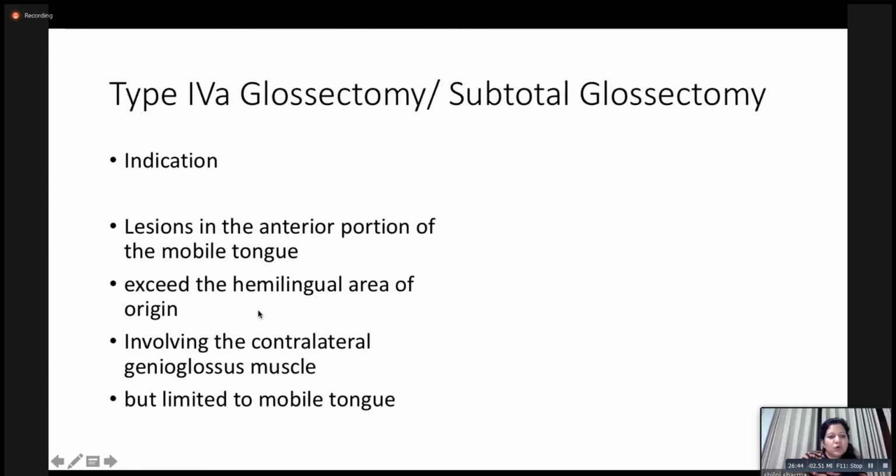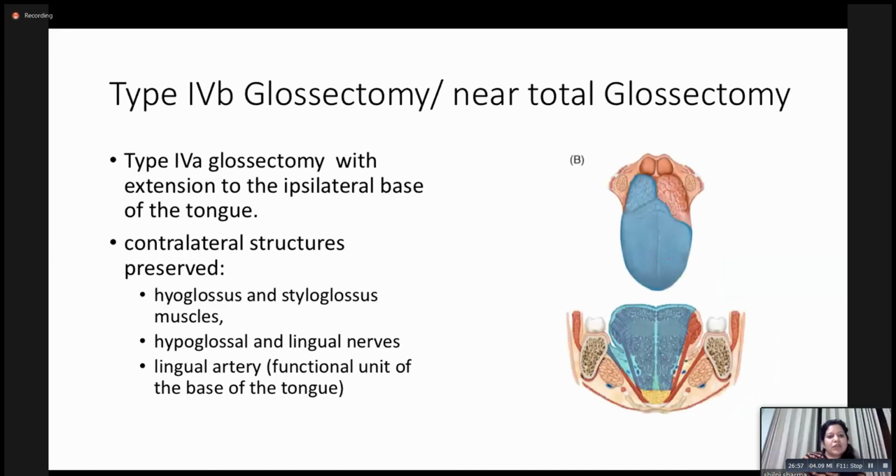So any tumor located in the anterior mobile portion but crossing the midline and involving the contralateral muscles, you may do a subtotal glossectomy. Type 4B is near total glossectomy. It is basically type 4A glossectomy with extension to the ipsilateral base of tongue.